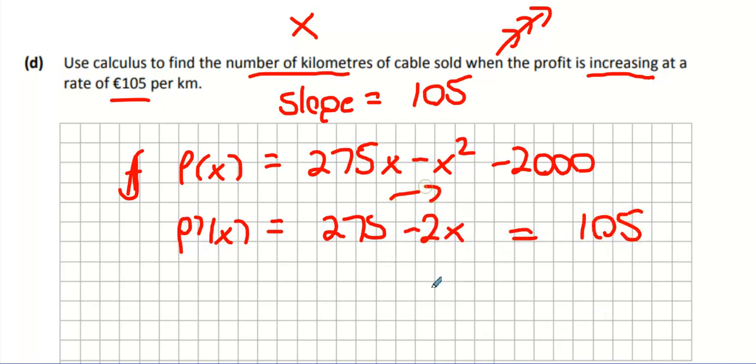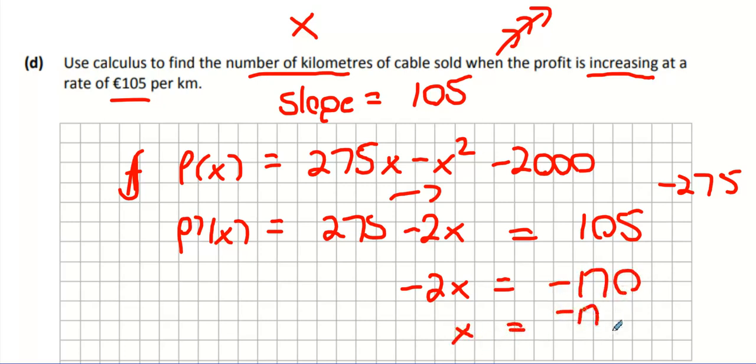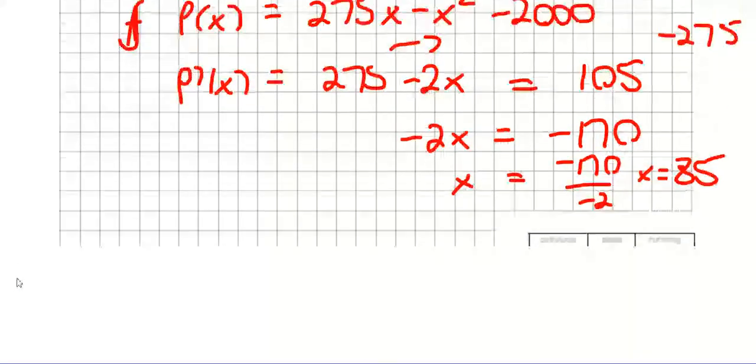Swing over to 275x, and what do we get? Divided by minus 2, 85. 85 kilometers of cable will have you there. Cool, this is our part A. That's it. Happy days.